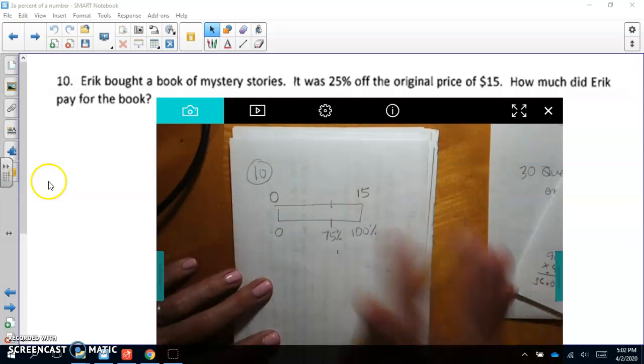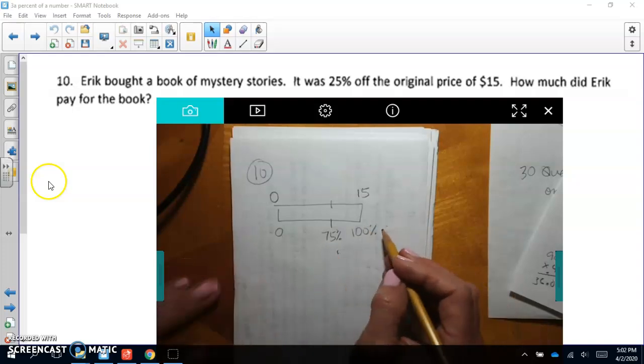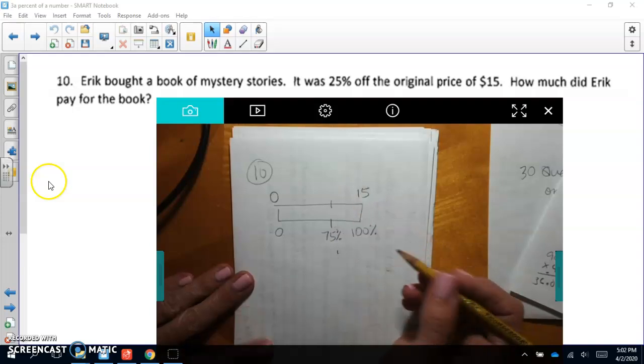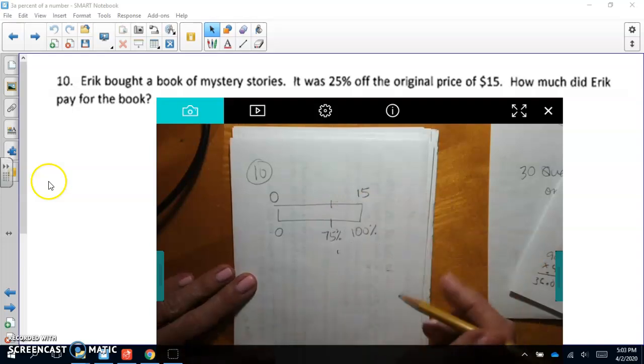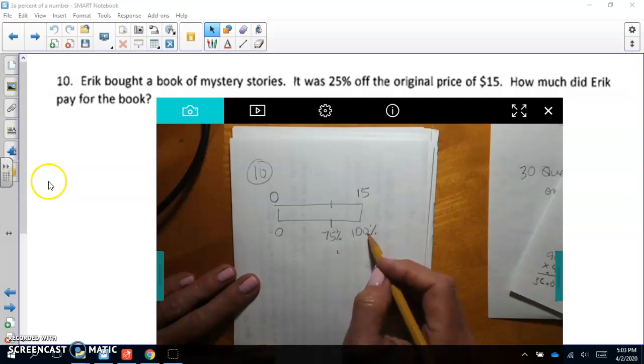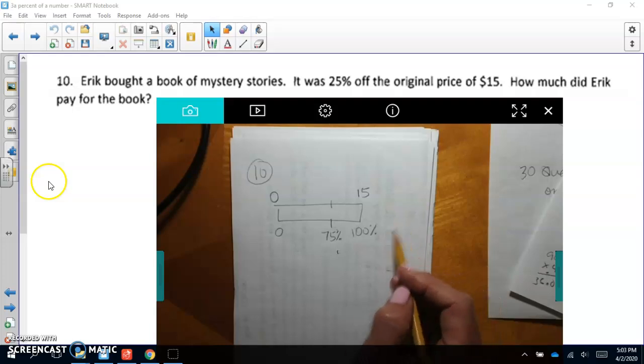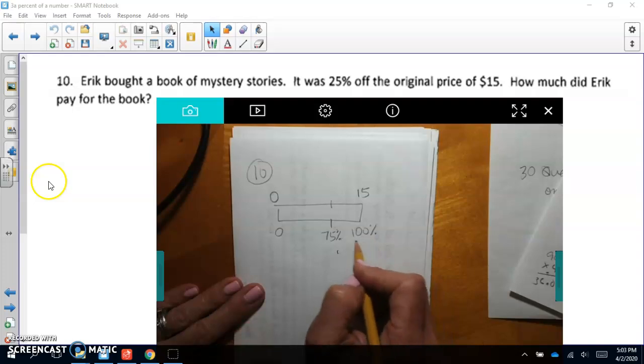All right, so let's try to figure out what we can divide these both by so we can figure out what the sale price would be. Well, if we can divide by what we know and by what we don't know, let's see, 100, and they both divide, we want to get down to 25%.